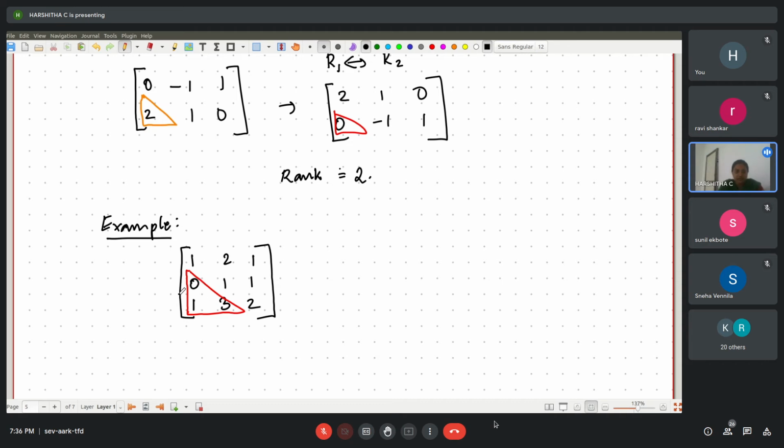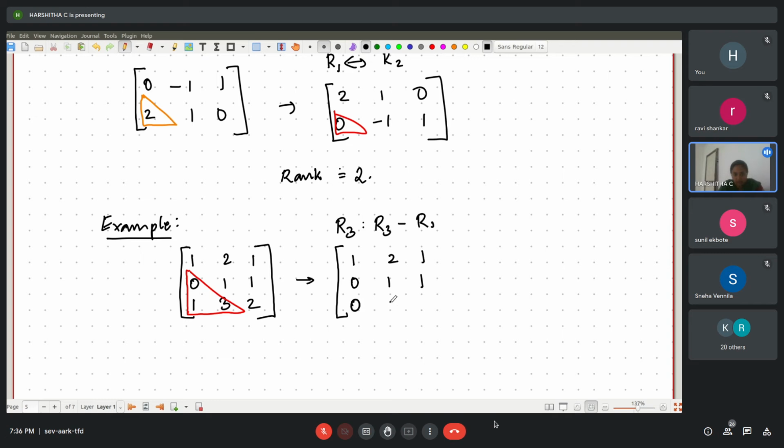We'll try to make the first two entries in the third row 0. Right? So what will we do? First thing we can do, row 3 minus row 1. So you subtract row 1 from row 3.